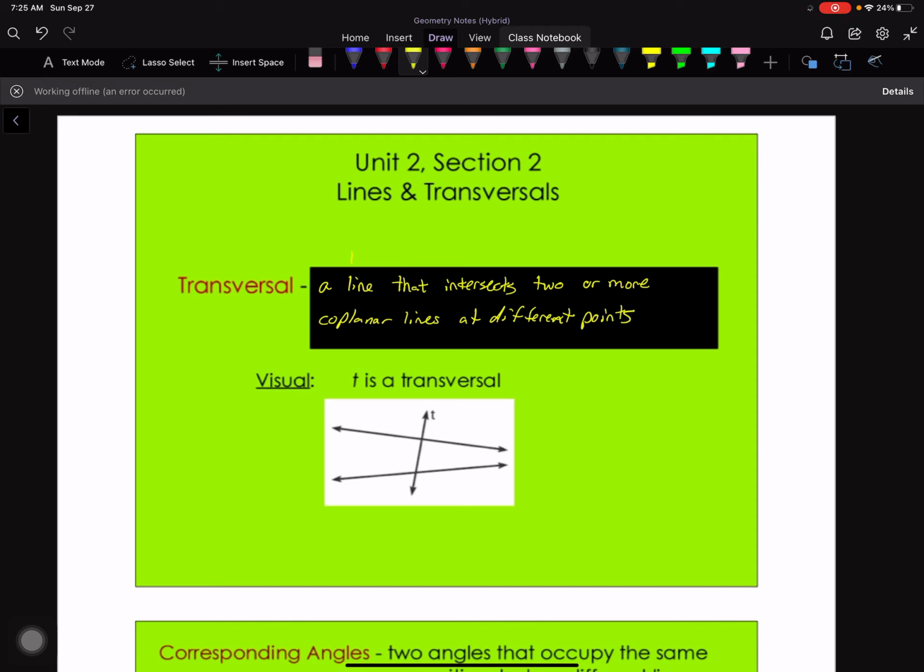So in this example here, we have line T, which is a transversal, just intersecting two or more lines.